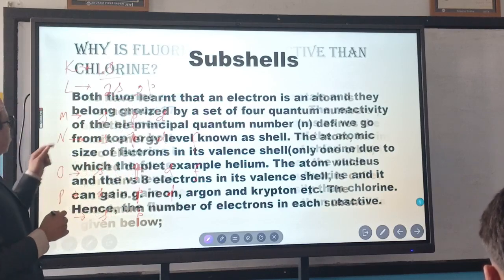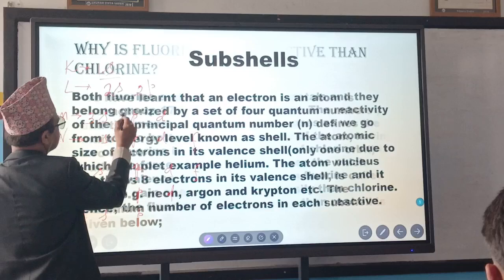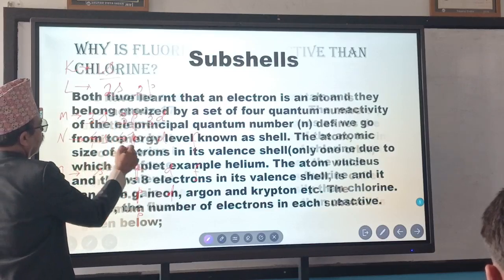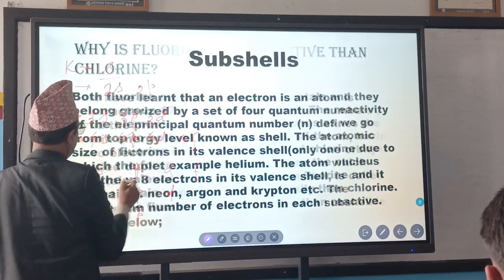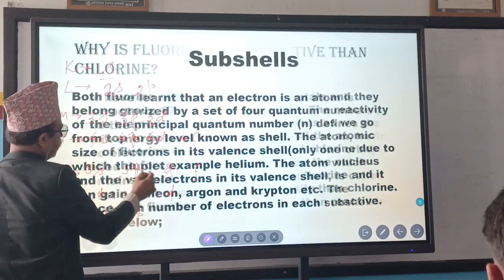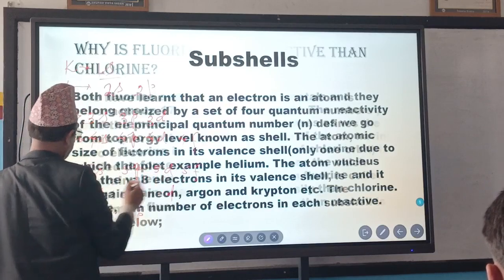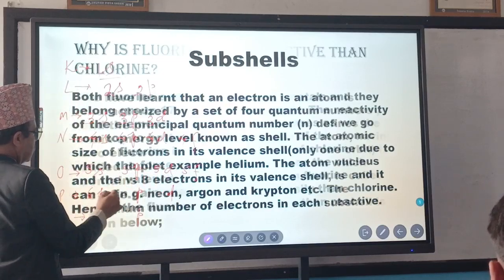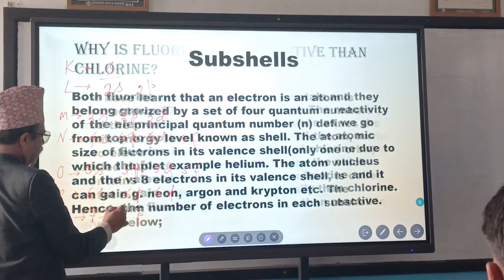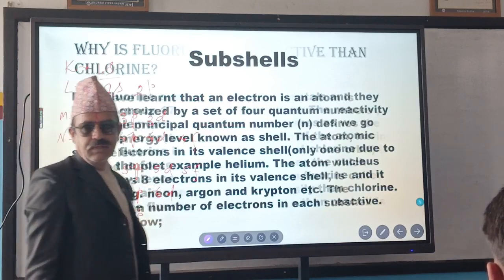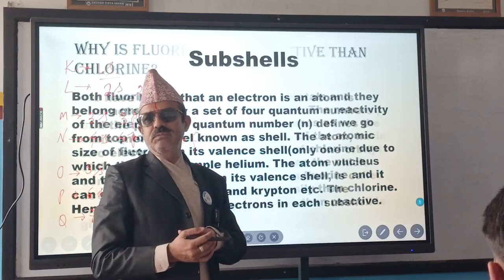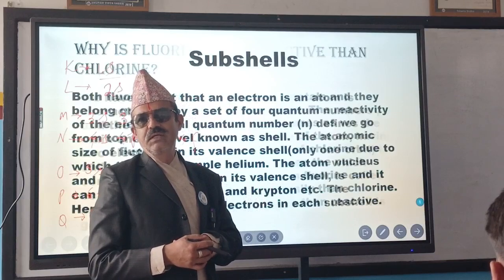M contains 3s, 3p, 3d. N contains 4s, 4p, 4d, 4f. O contains 4: 5s, 5p, 5d, 5f. P contains 3: 6s, 6p, 6d. Q contains 7s, 7p. Why did I mark like this? Later on, when we discuss electronic configuration, it will be very easy.